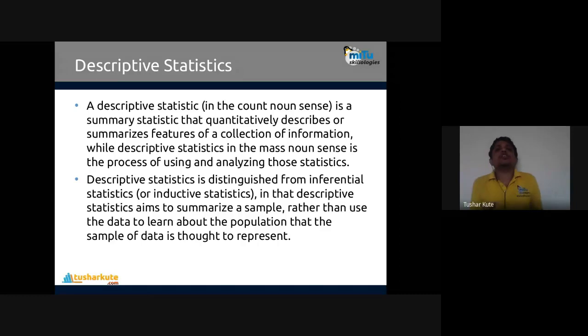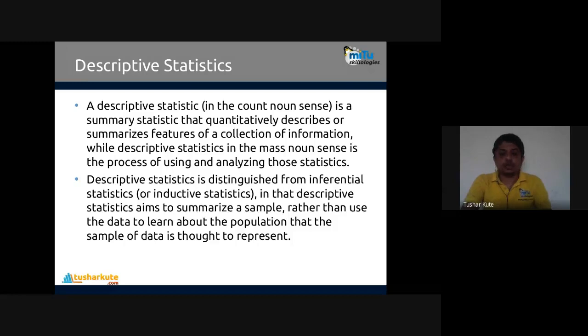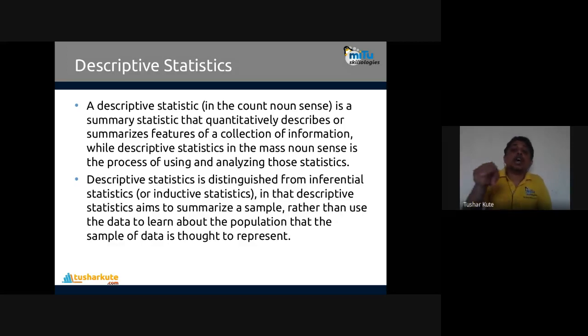I have given the age of all of those persons, and maybe the average age of those 100 persons is 30. Let's say the average age is 30, for example, and the 100 is the population. Now I'll take a sample out of the 100. Let's say I take some 10 people, and I will have an average of those 10 people.